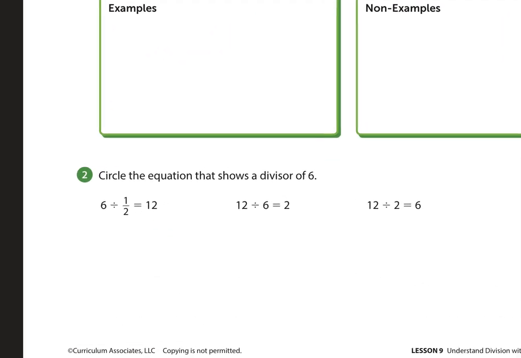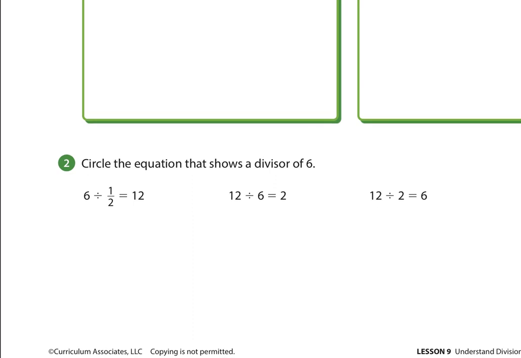Let's go down here to the bottom. Circle the equation that shows a divisor of 6. Okay, now the question is, when you have a division problem, you have a divisor, a dividend, and a quotient. So which one is which?